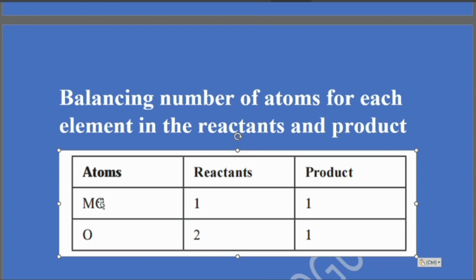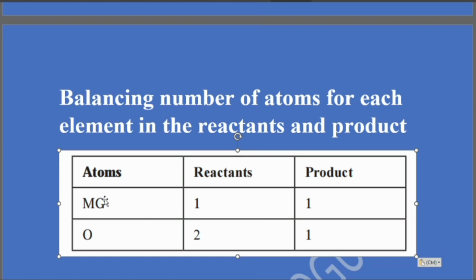So here we have the atoms of magnesium. Sorry, this is supposed to be small g, but not capital G. So we have atoms, those of magnesium, and those of oxygen.